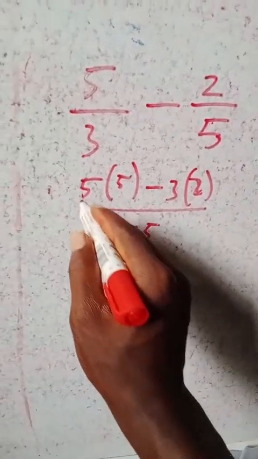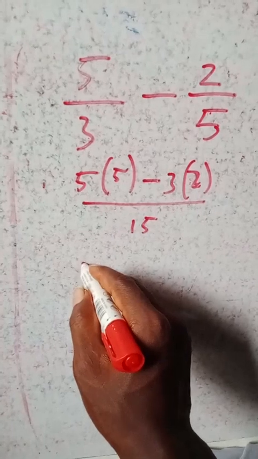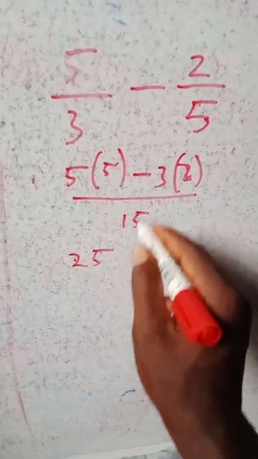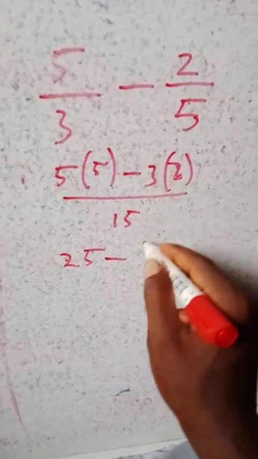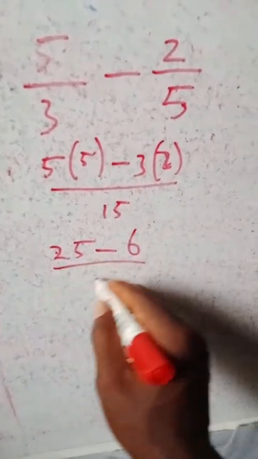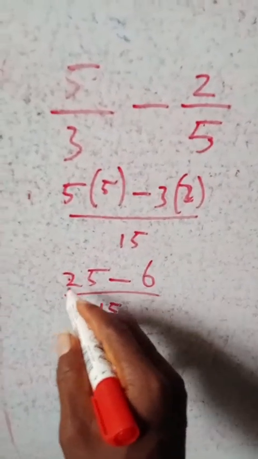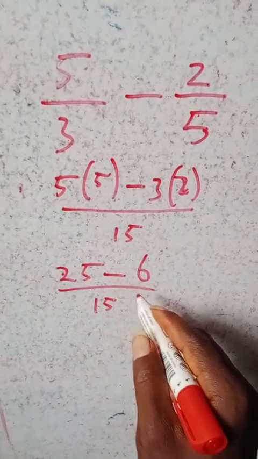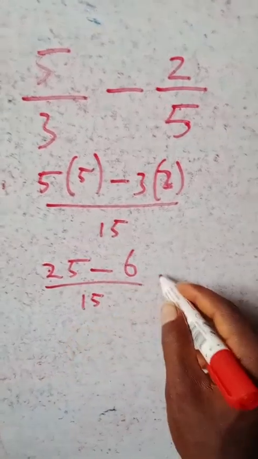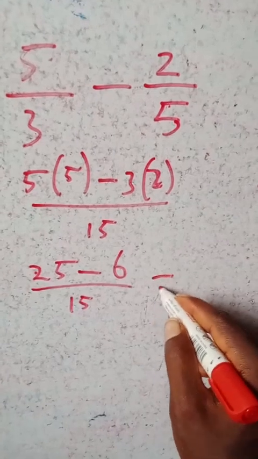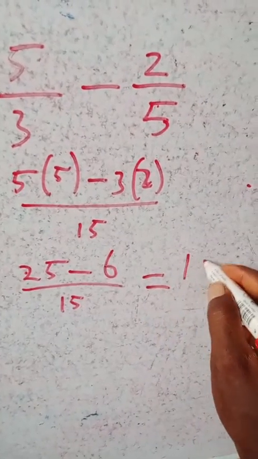So the next thing we say 5 times 5 is what? 25. Then minus 3 times 2 is what? 6. All over what? The 15. So 25 minus 6. 25 minus 6 is what? Should be 19.